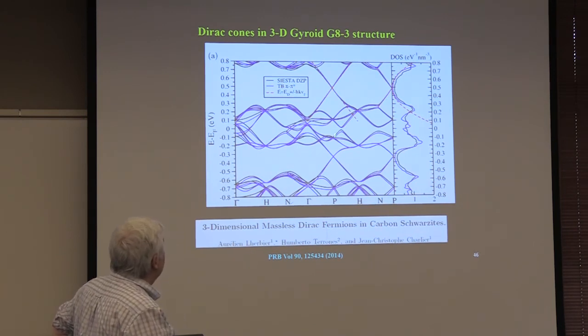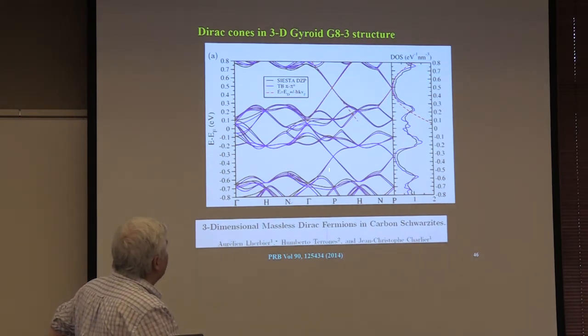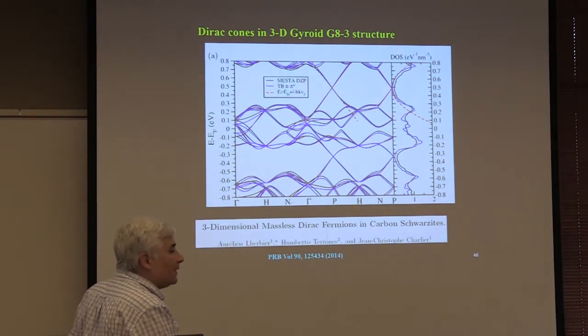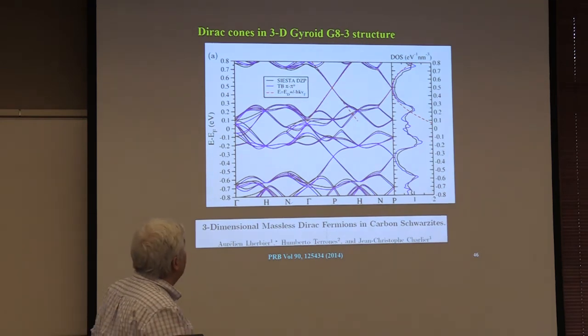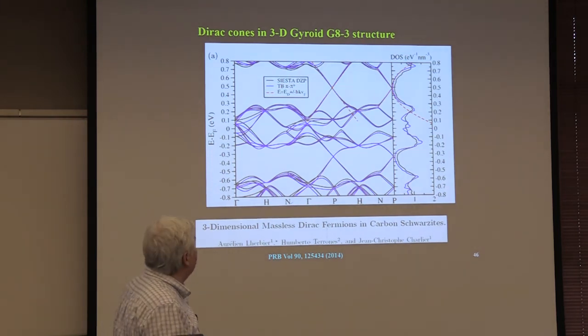But here is the band structure, and here you can see these, which look like Dirac cones, at this point of the Brillouin zone. Now remember the symmetry. This is cubic symmetry. This is a structure whose primitive cell is body-centered cubic.